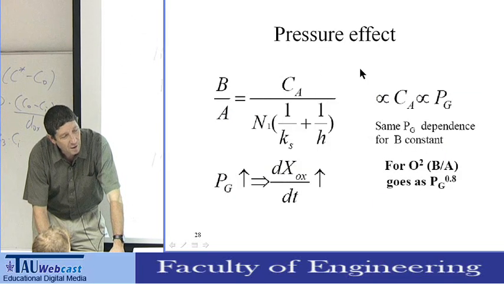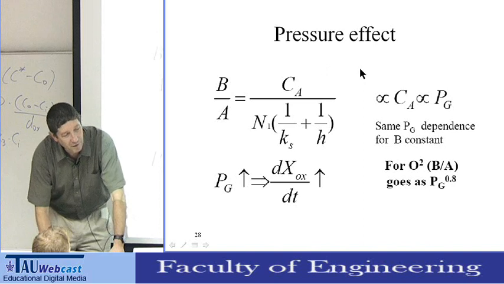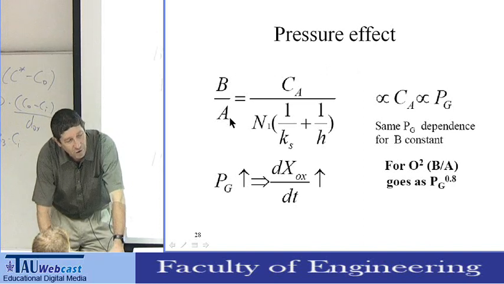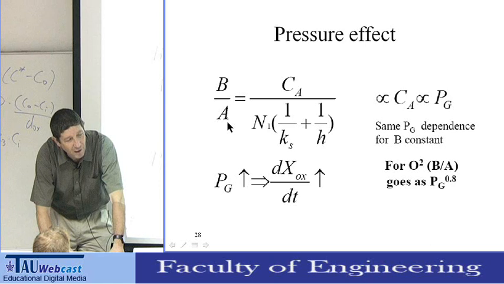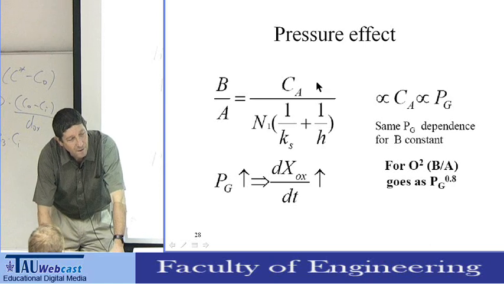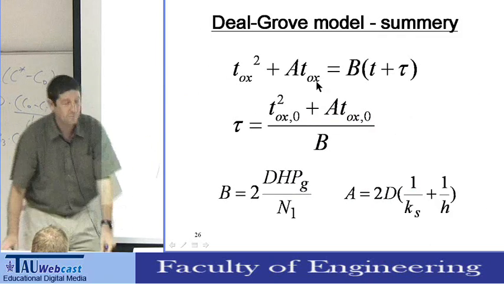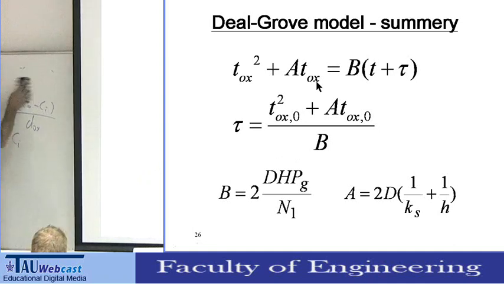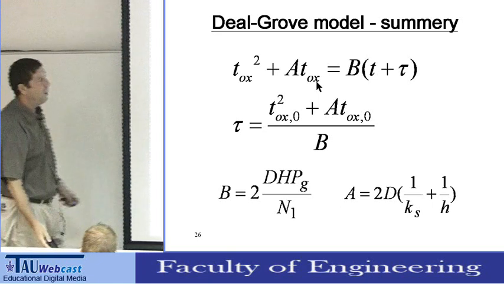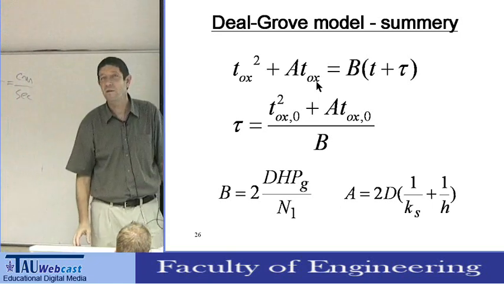Now, pressure effects. So we found the coefficient B over A. And why do I look at B over A? Because we have 2 regimes. One regime when the oxide is very, very thin.